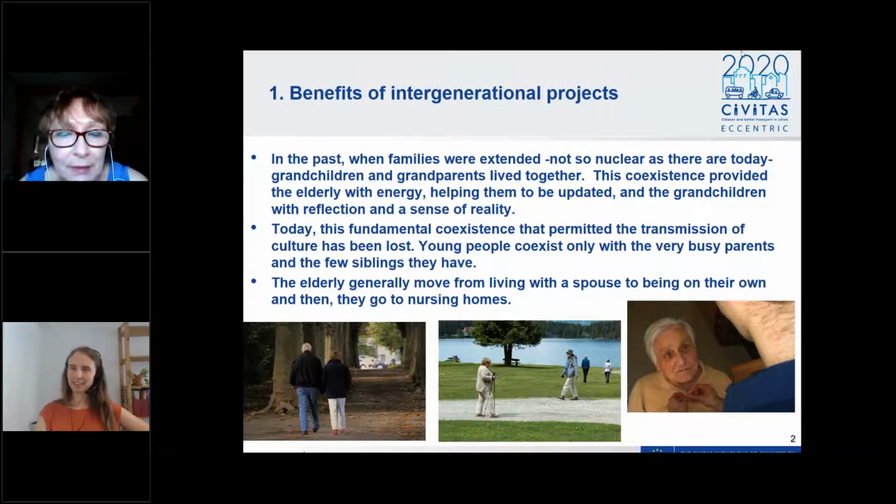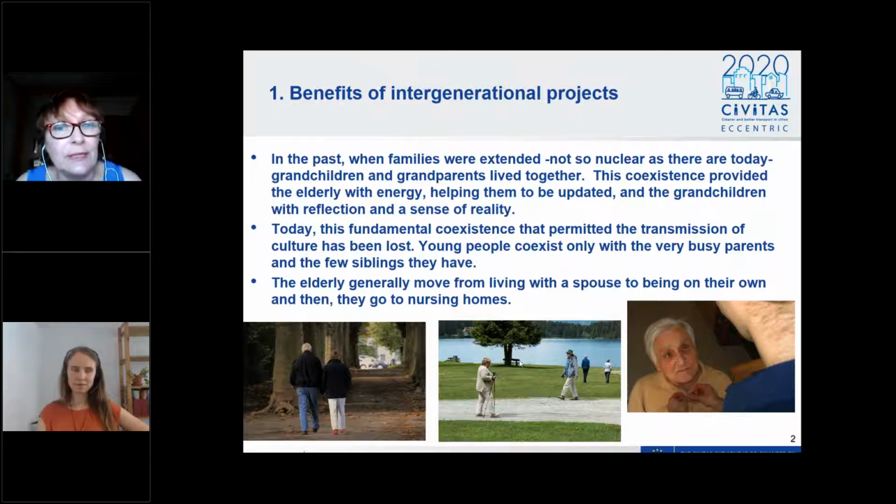Okay, we will speak about the benefits of intergenerational projects. In the past, when families were extended, not so nuclear as they are today, grandchildren and grandparents lived together, and this coexistence provided the elderly with energy, helping them to be updated, and grandchildren were provided with reflection and a sense of reality.